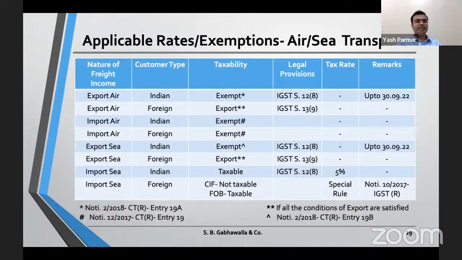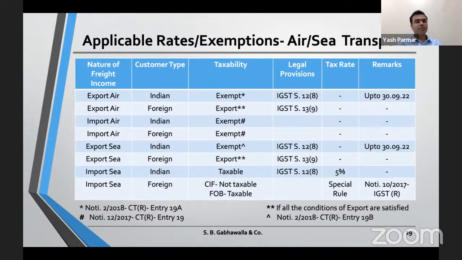In that particular case, again, it will be treated as an exempt transaction as per provisions of section 12(8). And this exemption is available only up to 30th of September 2022. The next scenario is export of goods by sea. Customer is a foreign customer. This will be treated as an export transaction as per provisions of section 13(9), which we just saw.